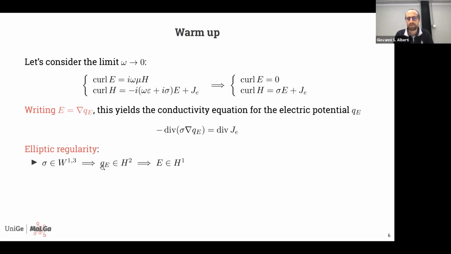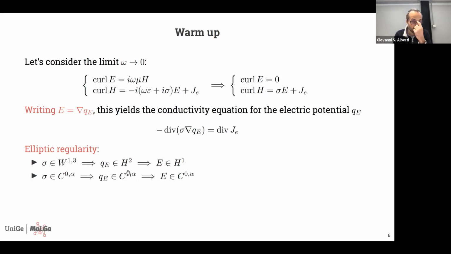The solution becomes in H2. And then if QE is in H2, automatically its gradient is in H1. And so E is in H1. And so basically our first regularity question is easily solved. Similarly for the C0,alpha question, because as soon as sigma is C0,alpha, then again, by elliptic regularity, the solution to this equation is C1,alpha.